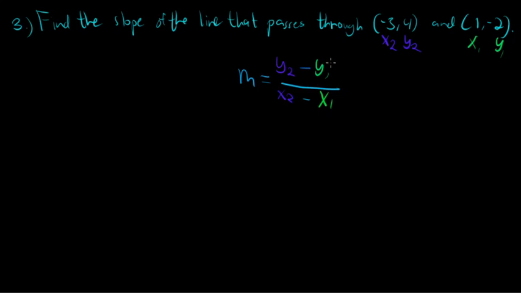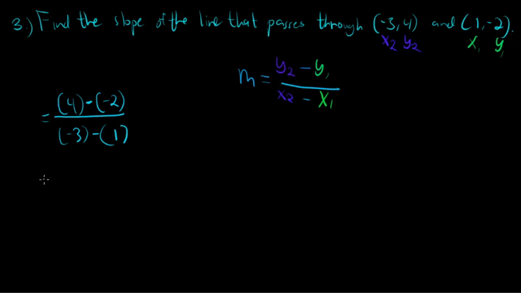Let's now plug them in. Instead of writing y sub 2, we will write positive 4. Put them inside the parentheses so that you won't be confused by the signs. Minus y sub 1, which is -2, over x sub 2 minus x sub 1, which is 1.